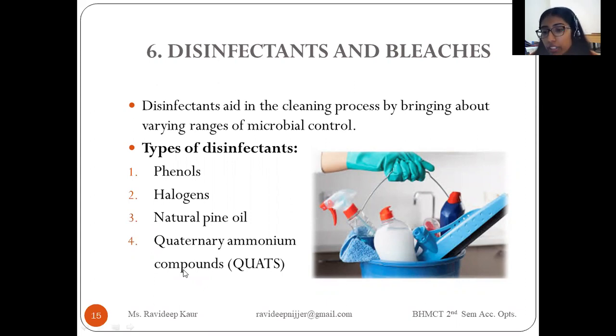The types of disinfectants are phenols, halogens, natural pine oil, and quaternary ammonium compounds. These are the four types of disinfectants which we use to disinfect microbial and bacterial compounds.